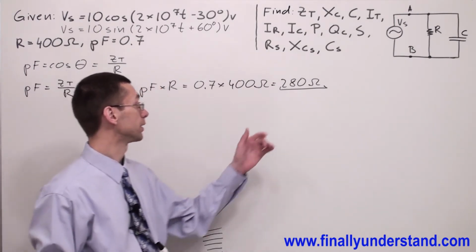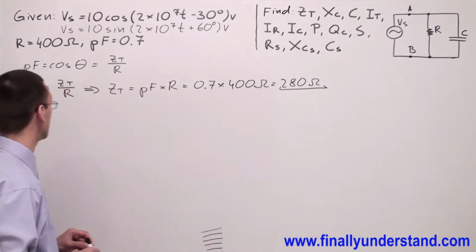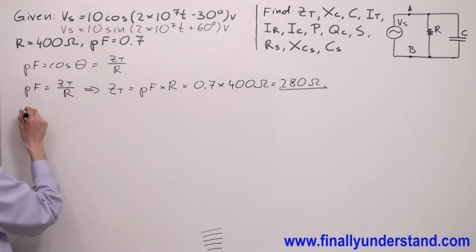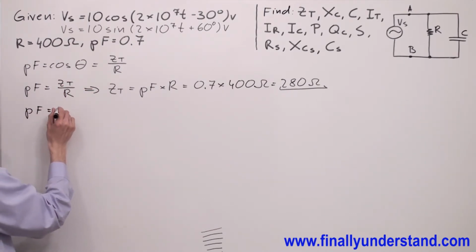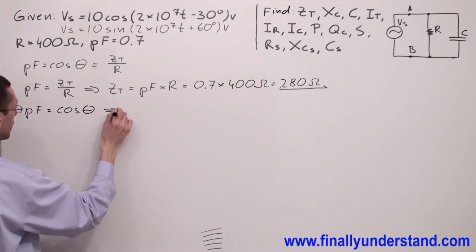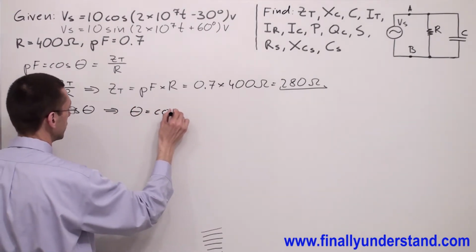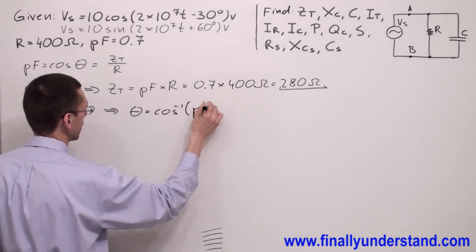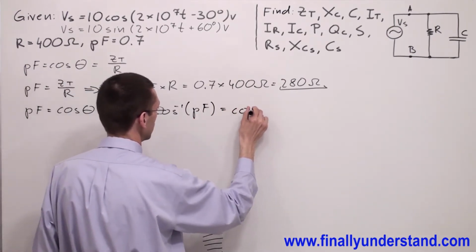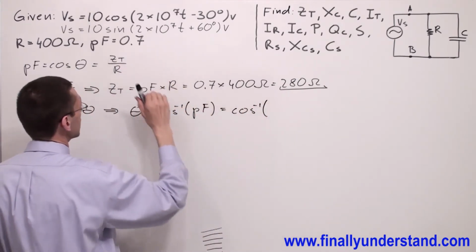But in order to make this answer complete, we're supposed to find the angle. So in order to find the angle, I'm going to use this part of the formula for power factor. Power factor is equal cosine theta. In order to find angle theta, I'm supposed to simply write theta is equal inverse cosine of my power factor, where power factor is equal 0.7.